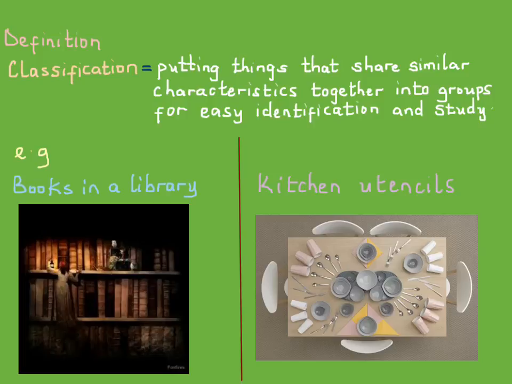From the examples above, it is clear that classification is necessary in daily life to create order out of chaos. This is the fundamental reason why biologists seek to classify the 2 million or more organisms that exist on Earth.